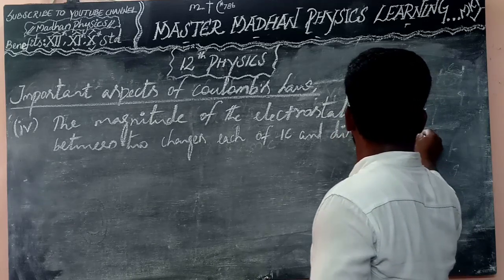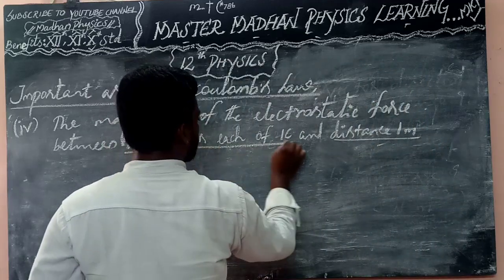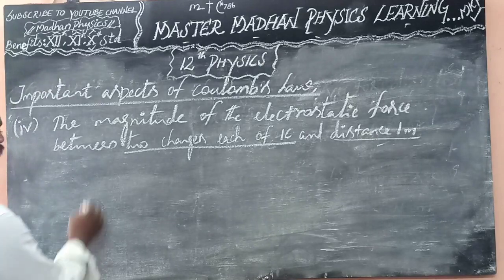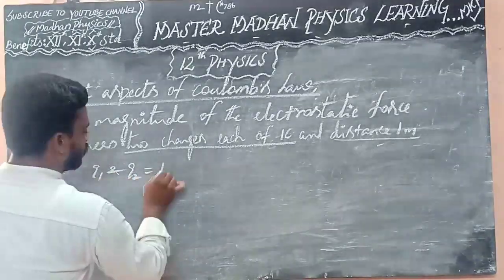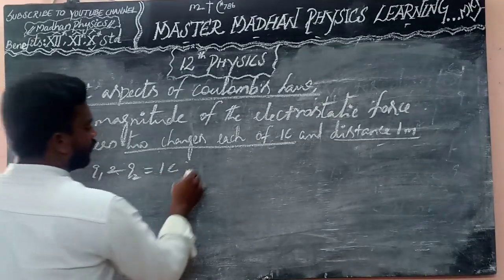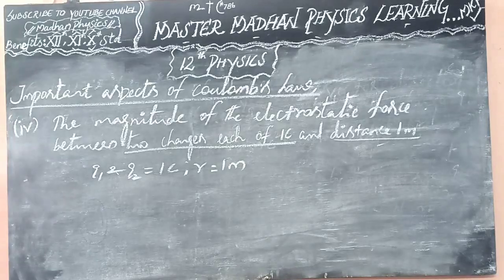So Q1 and Q2 are 1 coulomb, R is 1 meter, like that only, right?